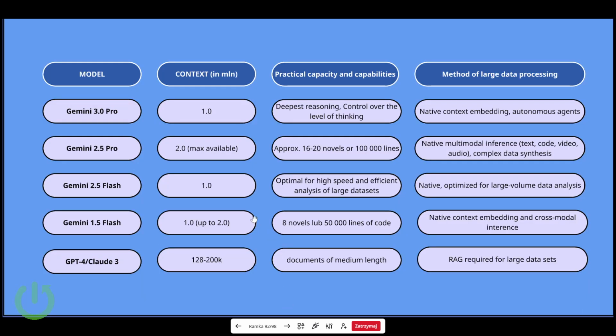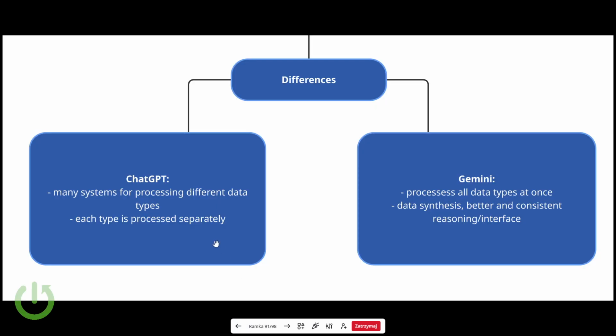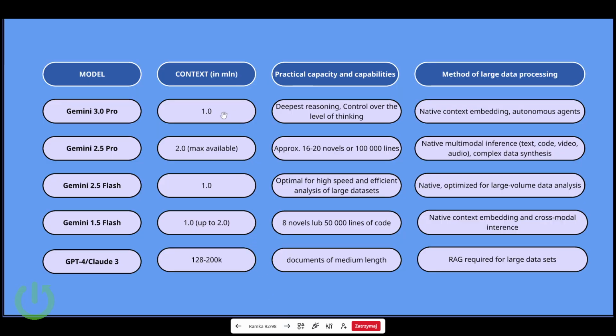And here I have a table with models. 4 of them are Gemini models. One of them is GPT-4, basically the model that ChatGPT uses. And we can compare. In terms of context, Gemini is almost 5 times bigger than GPT-4.